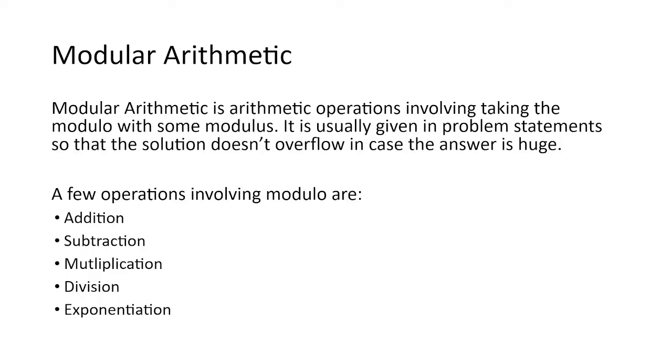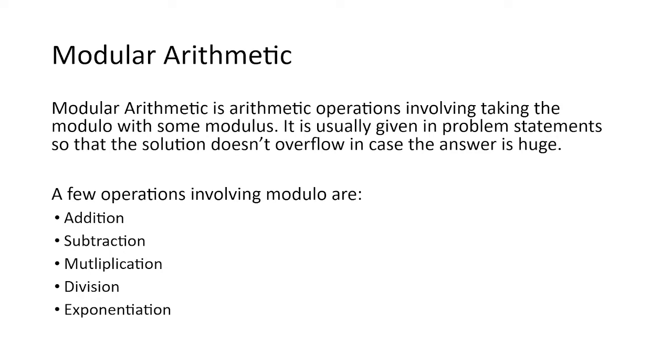Then we have modular arithmetic. Modular arithmetic is mostly used because in some cases the answer is larger than 10 raised to 9 or in that range, so we don't want the solution to overflow.